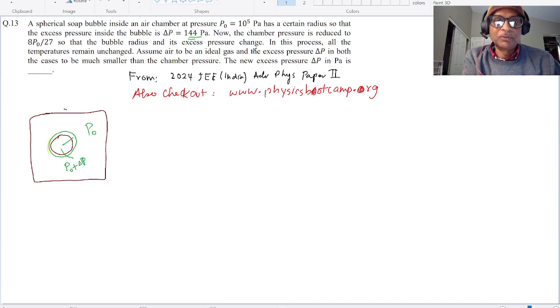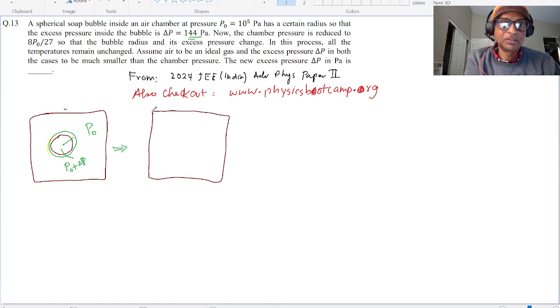So from there you go to this situation. The pressure is reduced. It becomes 8 P0 over 27, and so the bubble will expand.